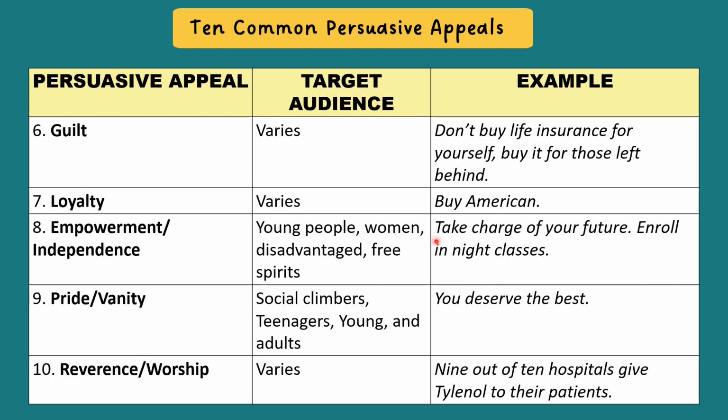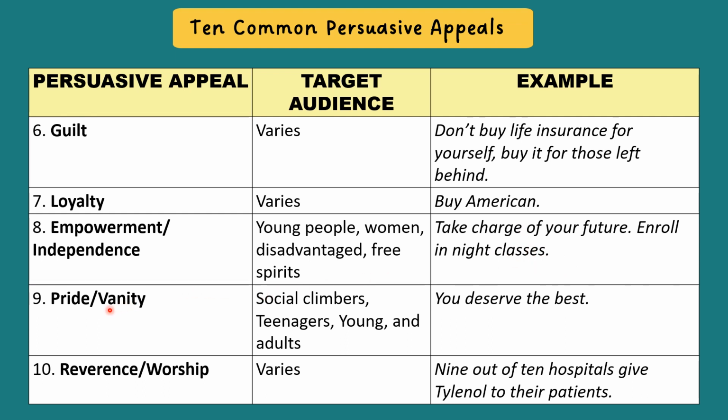Example, take charge of your future, enroll in night classes, enroll in Pasil Night High School. Some people study so they can work in the morning, so empowerment or independence hits them. If you feel independent and empowered, take charge of your future, enroll in night classes is the example.